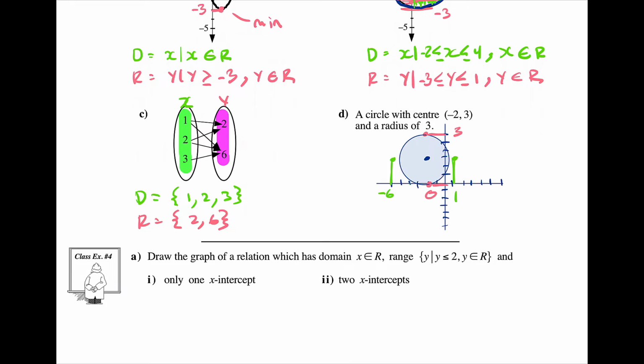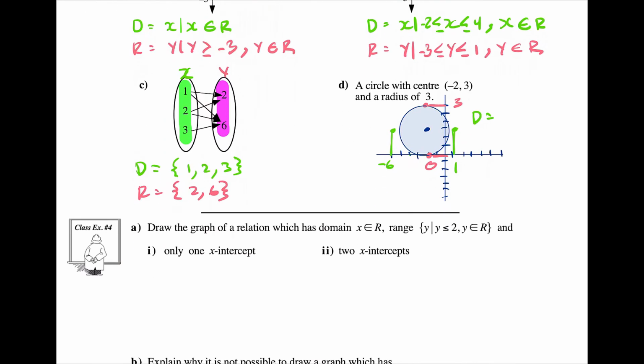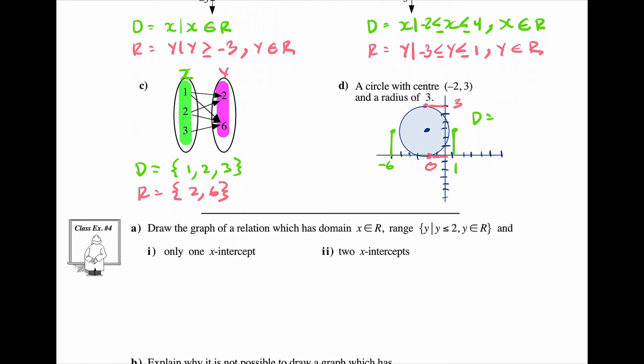So the domain is going to equal, just like this circle one right up here, all the values in between. So the domain is x such that x is greater than or equal to -6 and less than or equal to 1.